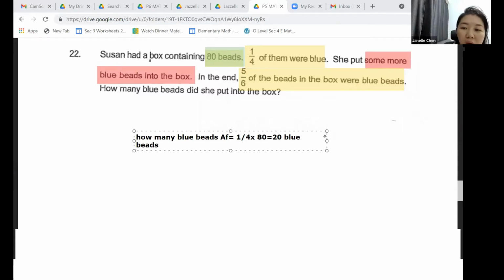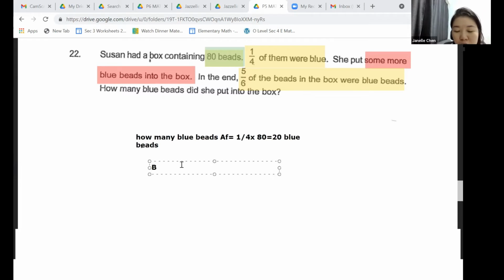And then I'm going to do ratio going forward from here. The question actually gave us, at first, the blue color is to the rest. So blue color is equal to 1 unit, rest is equal to 3 units, and the total is actually equal to 4 units.